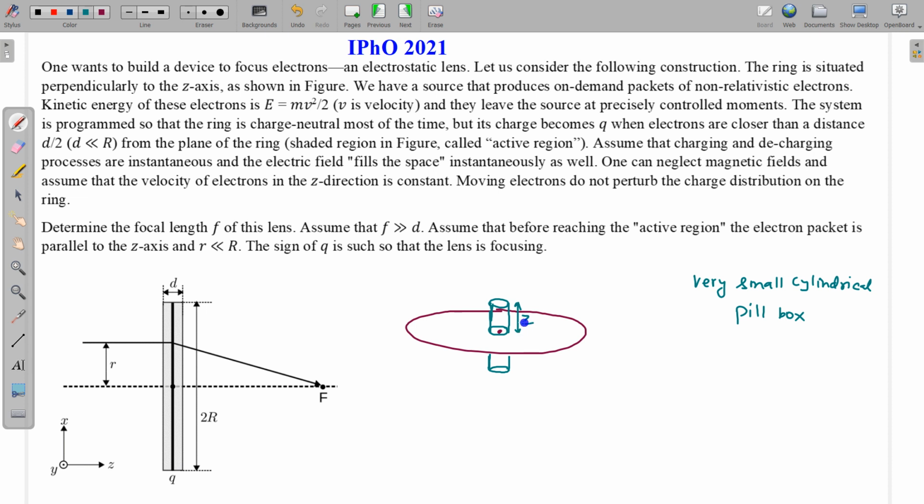So I am taking this height as z, because, sorry, let us take the z axis. This is the z axis. I am taking this height as z, because the z axis is the axis of the ring also.